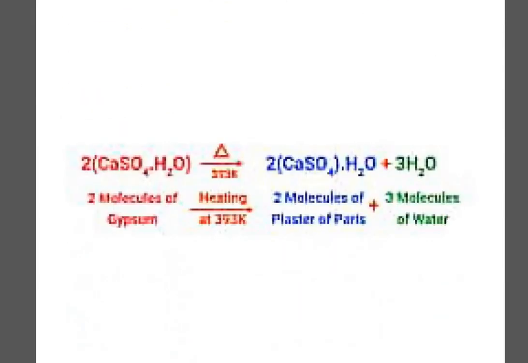Calcium sulfate dihydrate, that is gypsum, when heated at 100 degrees Celsius, provides the POP molecule as well as the water molecule separately. So this is all about gypsum, plaster of Paris, and the water of crystallization today.